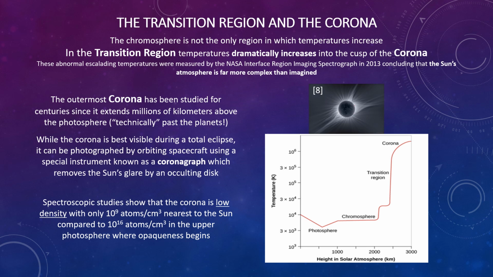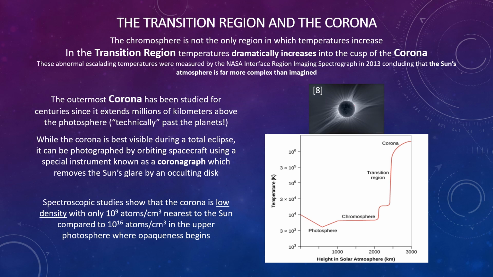It wasn't until 2013 that we had these measurements, which were taken by NASA's Interface Region Imaging Spectrograph (IRIS), which concluded that the sun's atmosphere is incredibly complex and way more so than we initially imagined.